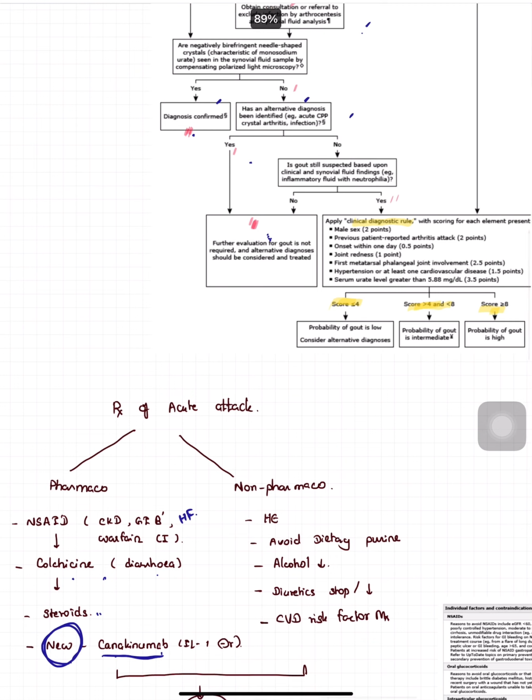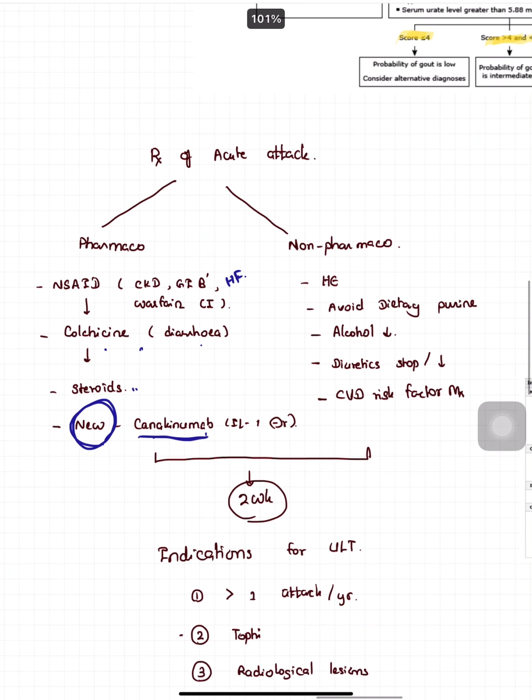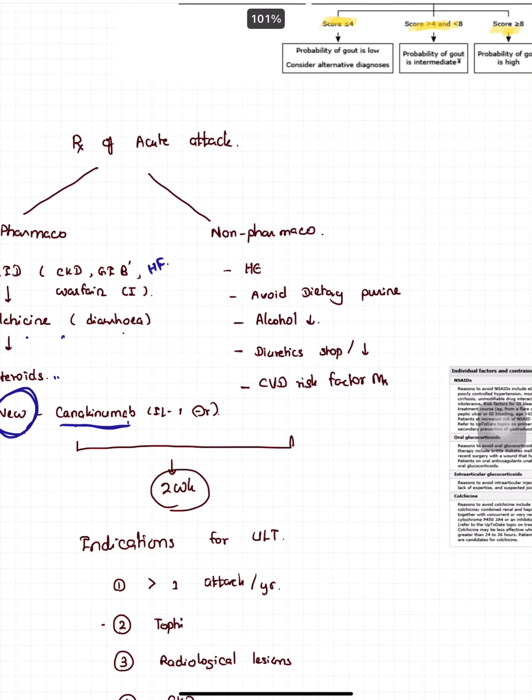If gout is confirmed either by aspiration or by the clinical criteria, we have to treat the patient. So what are the options for treatment of acute gout? It was covered in the previous video, and it includes non-pharmacological and pharmacological treatment. Non-pharmacological treatment includes health education about the disease, avoiding a diet rich in purine, reducing alcohol intake, and reducing the dose of diuretics or stopping the diuretics if not essential.